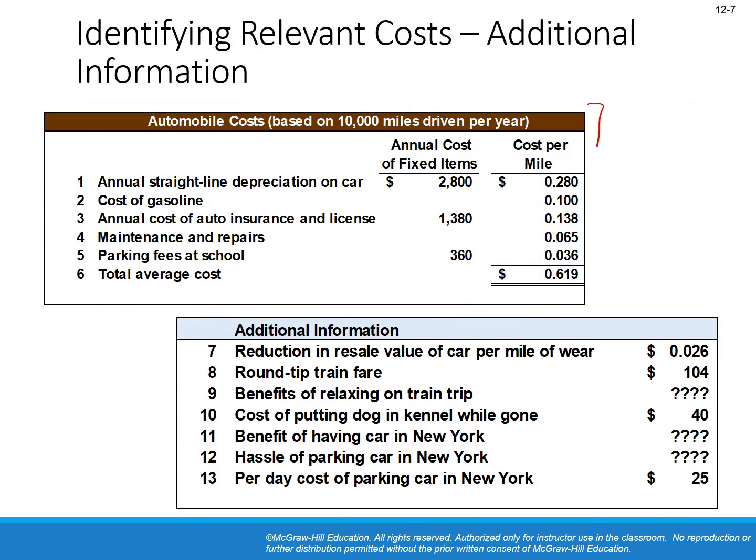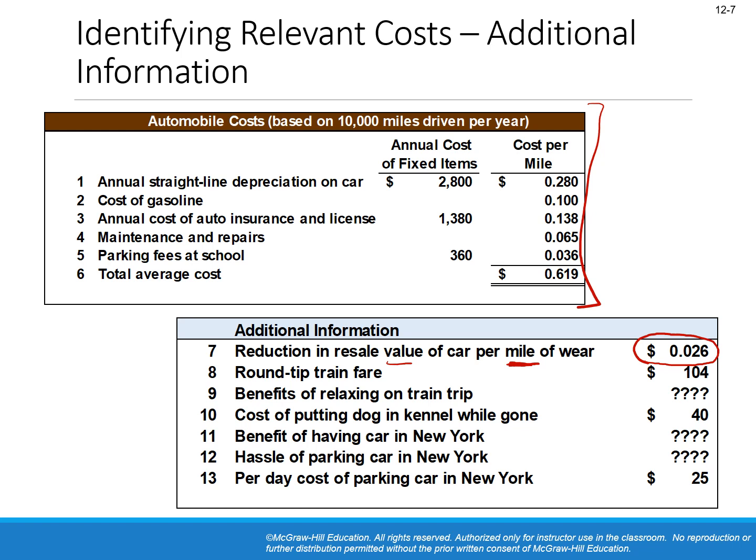So this is the same as given in the last slide. Some additional information. They are telling us that the reduction in the resale value of the car per mile of wear, so after driving each mile, the value of the car decreases by $0.026 per mile.